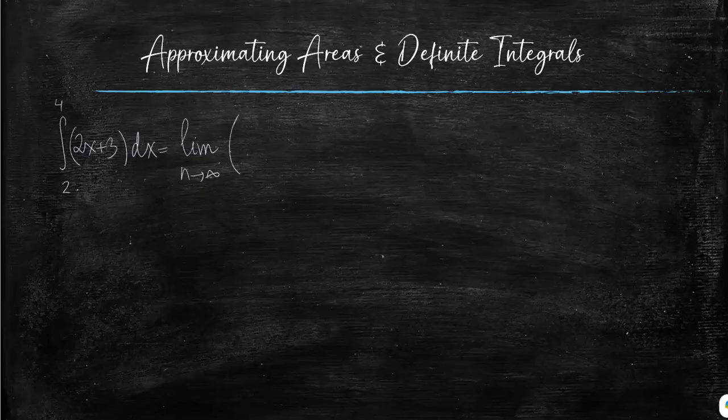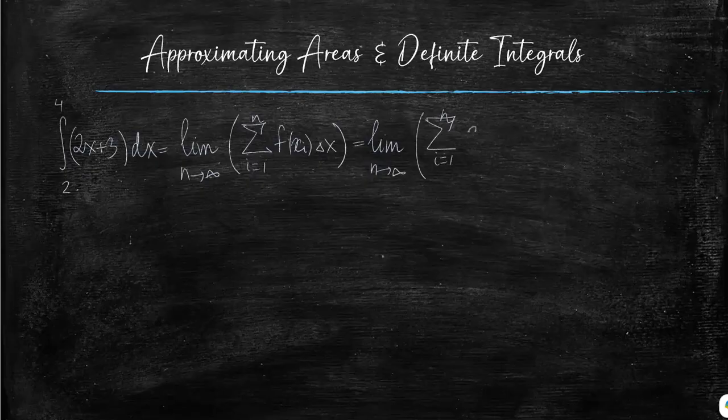So it's a limit of a sum, i goes from 1 to n, of f of xi times delta x. Delta x we know is equal to, I'm going to pretty much just start throwing things inside. We still have sigma, but my f is 2x plus 3, so I'm going to plug in 2xi. Actually, hold on. It's not going to be xi.